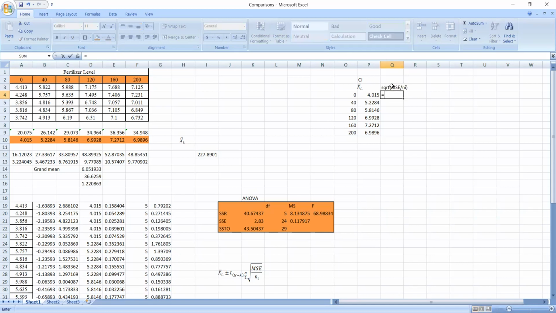If you look at the Anova table, you can see the mean square error value is equal to 0.117917. So if you are planning to construct the confidence interval, the first thing you have to do is construct the Anova table to find the mean square error.